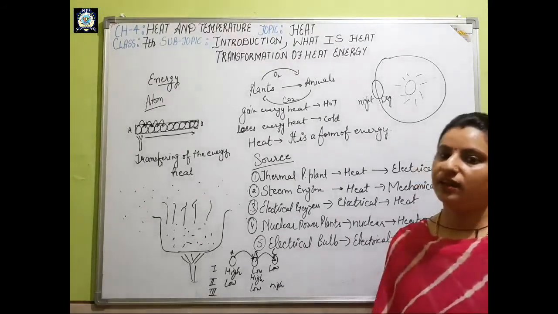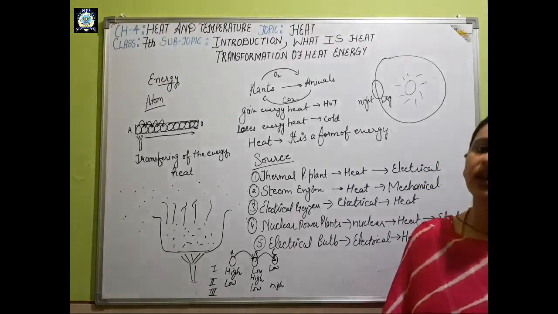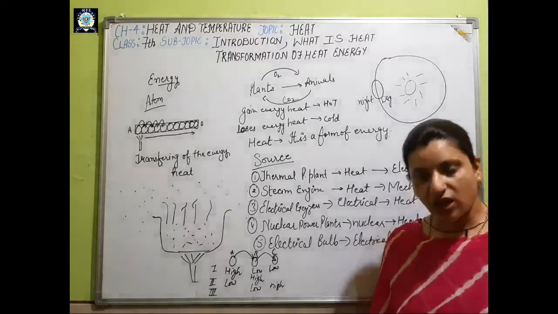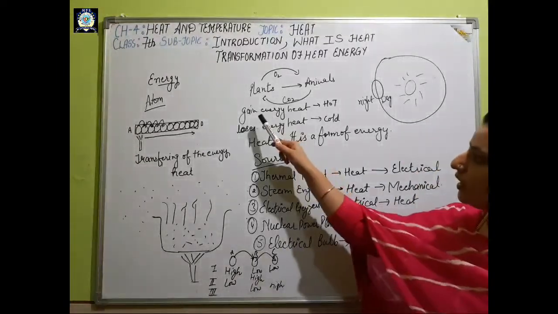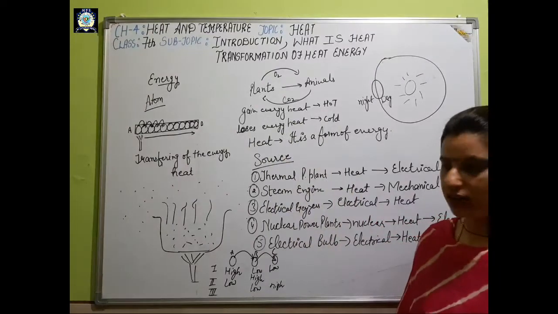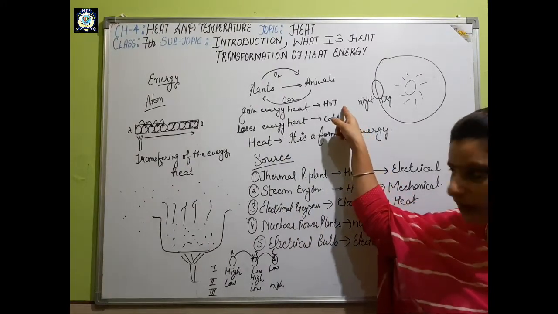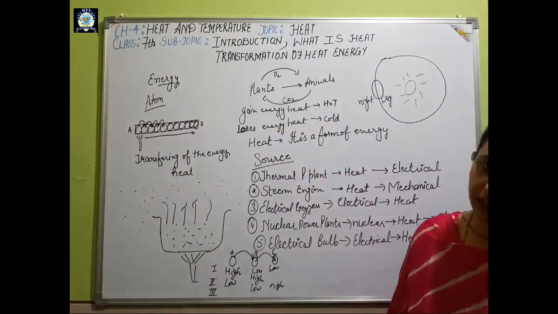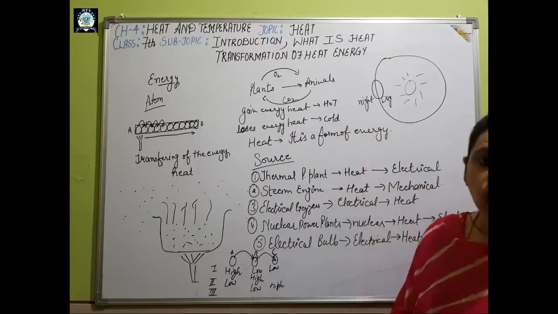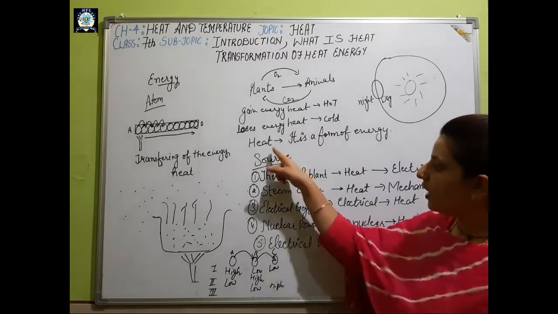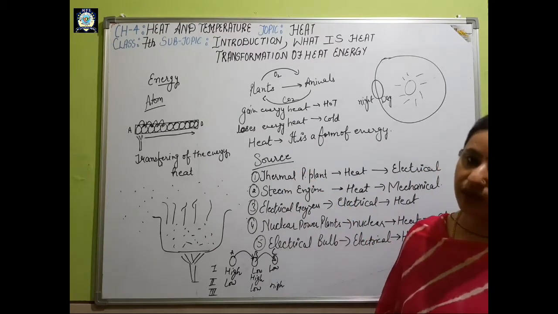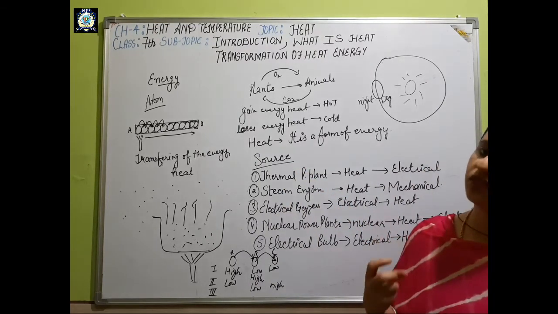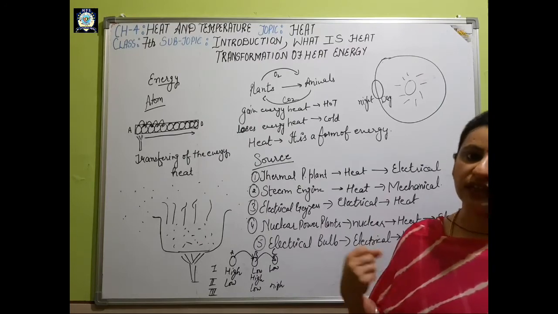Energy can neither be created nor destroyed, but it can be transformed from one form to another. Also, gain of heat energy leads to a heating effect, and loss of heat energy leads to a cooling effect. Heat is a form of energy, and a source of heat is very much required for the heating effect.